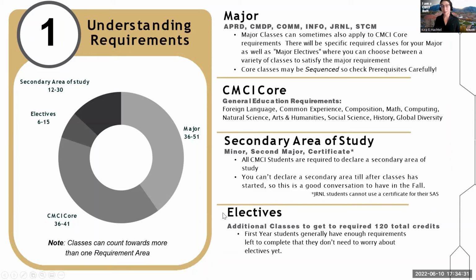Because as an incoming first-year student, you still have so many requirements to meet, most first-year students do not end up taking elective credits in their first semester. If you have questions about elective credits, this is something that we can discuss more in the July workshop or in an advising meeting if you choose to attend the drop-ins that we have available over the summer.